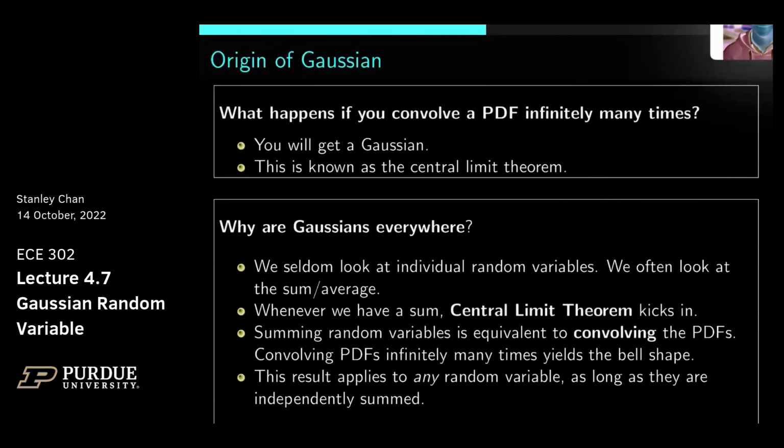Okay, so to revisit the origin of the Gaussian: what happens if you convolve a PDF infinitely many times? You'll end up getting a Gaussian for any PDF. And this is the central limit theorem. So why are Gaussians everywhere? You can think of the fact that physical phenomena are outcomes from many random variables, and we often look at sums or averages.